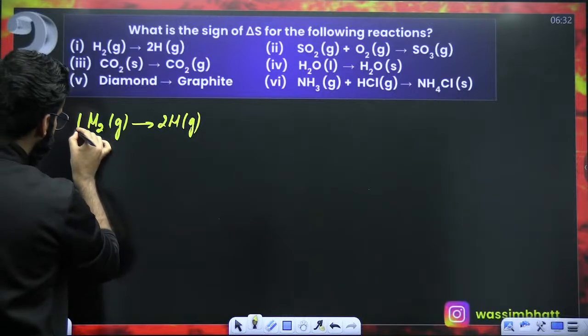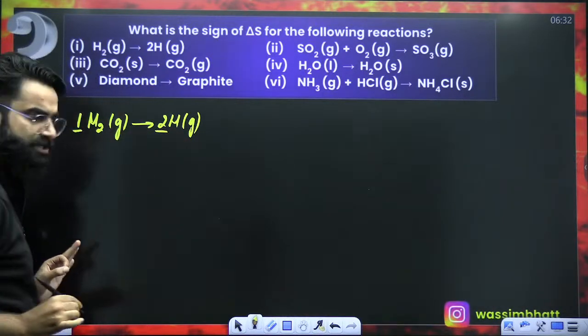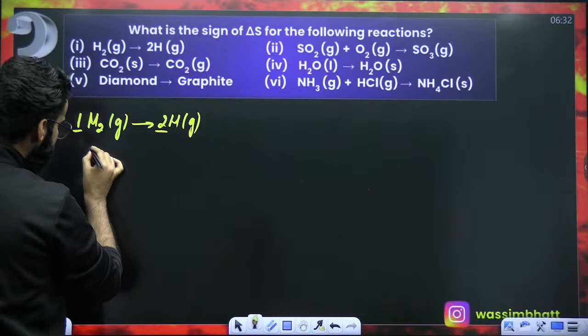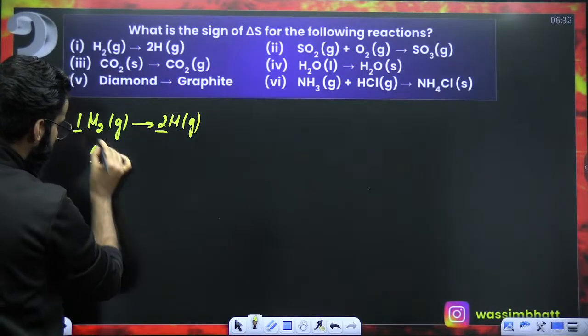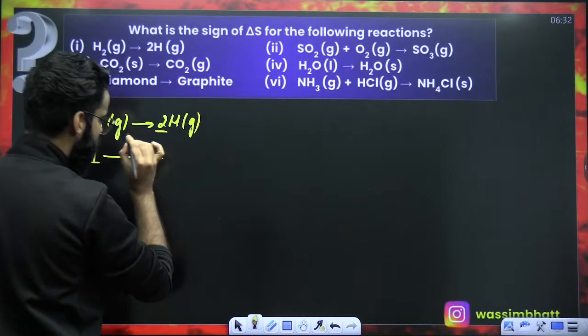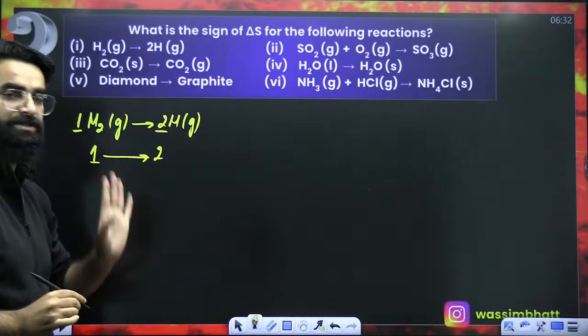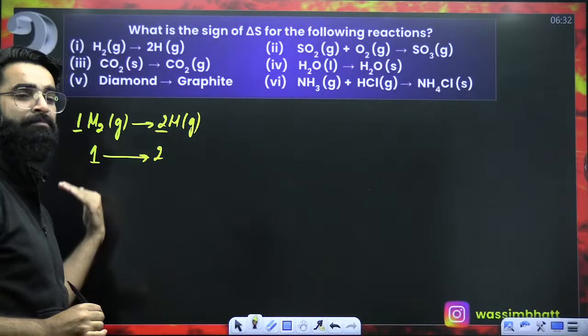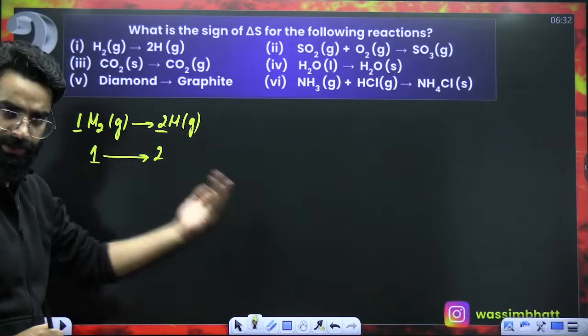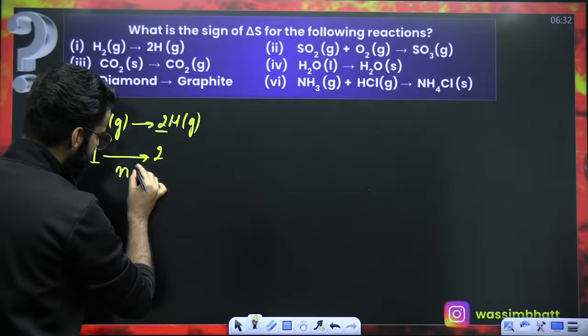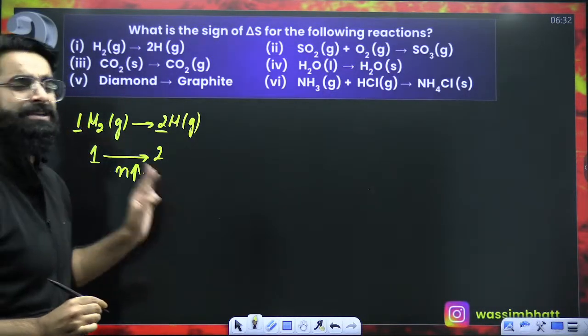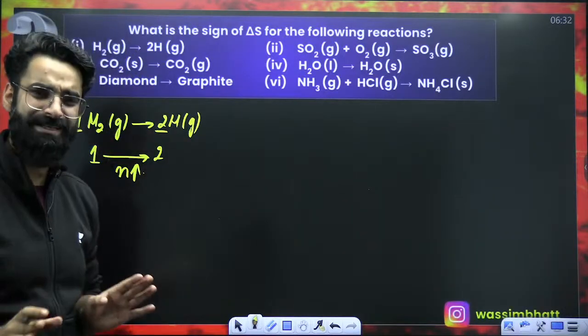Right here, the stoichiometric coefficient is 1. Right here, the stoichiometric coefficient is 2. So I'll say this 1 represents 1 mole of H2. It gives 2 moles of H. 1 mole of H2 gives 2 moles of H. So during the process, are the moles increasing or decreasing? I would say the moles are increasing. If the moles are increasing, can I say the particles are basically increasing?